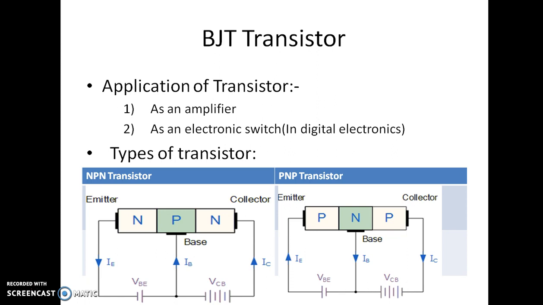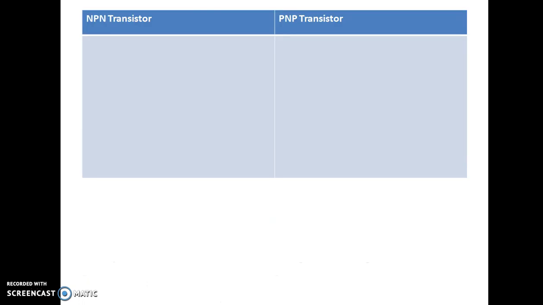In an NPN transistor current is mainly due to electrons, and in a PNP transistor mainly due to holes. The mobility of electrons is greater than the mobility of holes. That's why the NPN transistor is more popular.